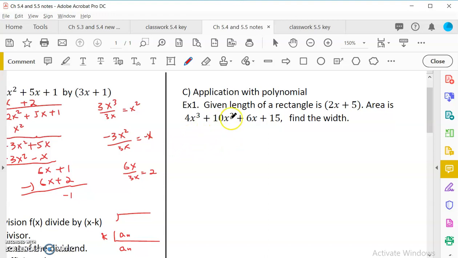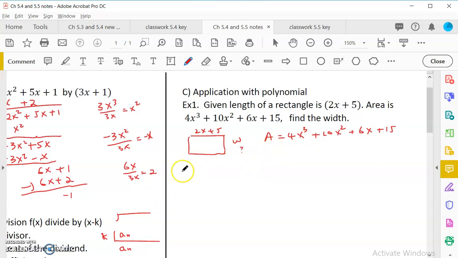Like if I have a length of a rectangle that is 2x plus 5. The width I don't know, but the area is 4x cubed plus 10x squared plus 6x plus 15. So what is the width?